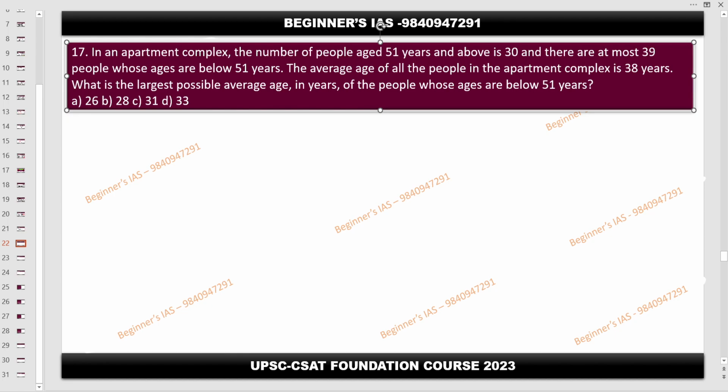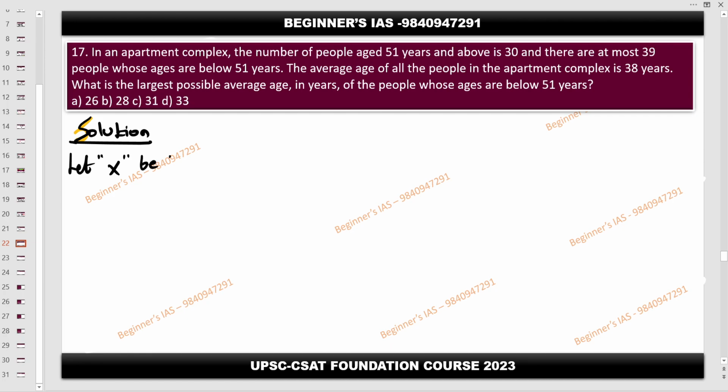So first of all, we need to calculate the largest possible average age in years of the people whose ages are below 51 years. Here I don't know it, therefore take that as an unknown. Simple, take that as x.